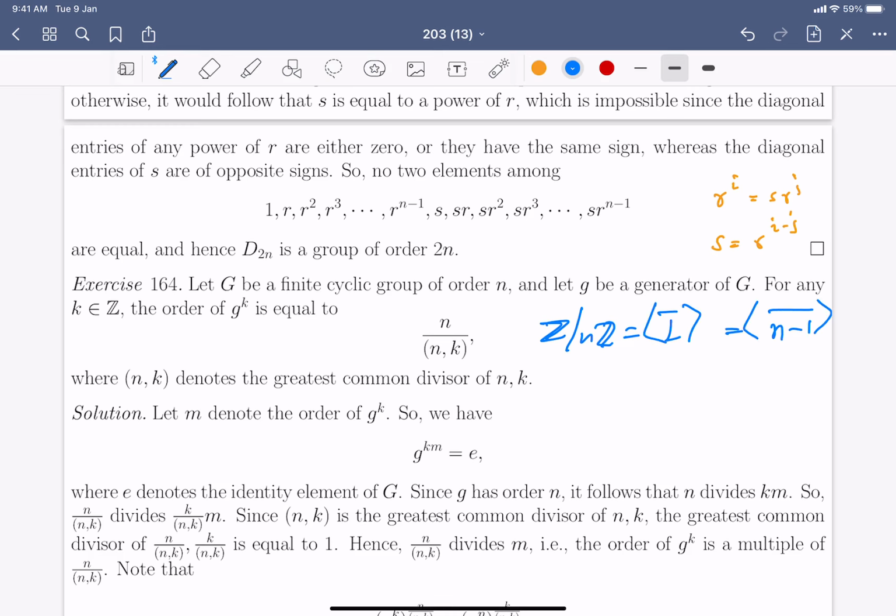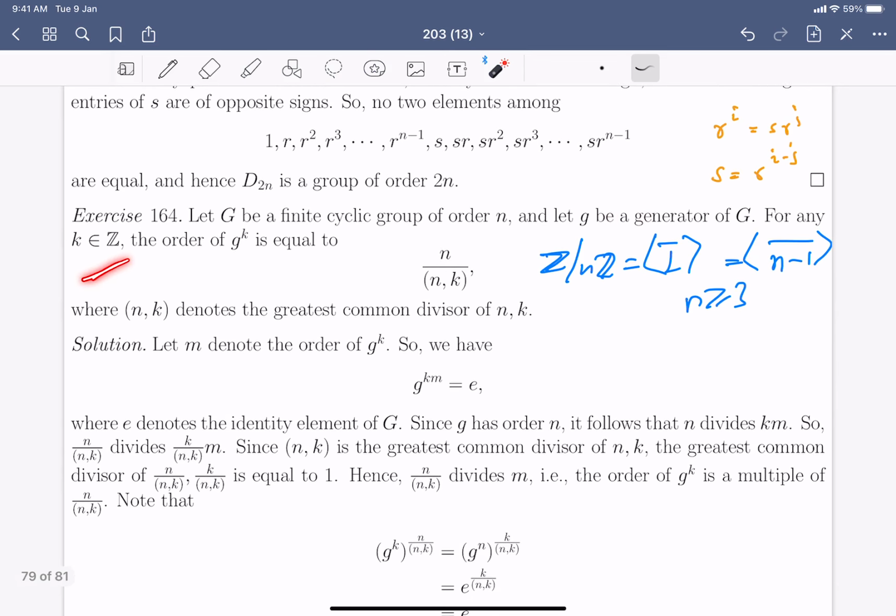And 1 bar and n minus 1 bar are distinct, at least when n is greater than or equal to 3. So you get to see that a finite cyclic group may have more than one generator. That's why we say g is a generator instead of calling it the generator of G. Usually if you start with a finite cyclic group, you're not in a position to talk about the generator, unless this group is of order 1 or something like that.